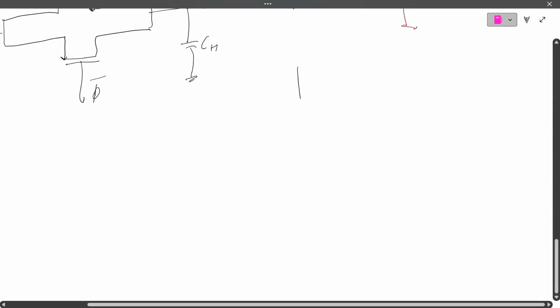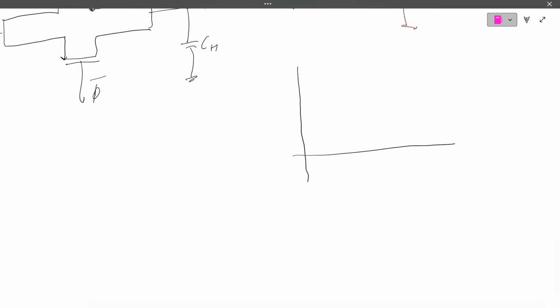So just follow carefully, otherwise you will get confused. What kind of switches are you going to take and how will they behave? See, we are going to make the switch resistance independent of Vin. Why independent of Vin?